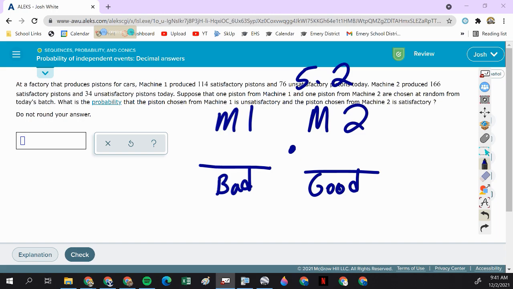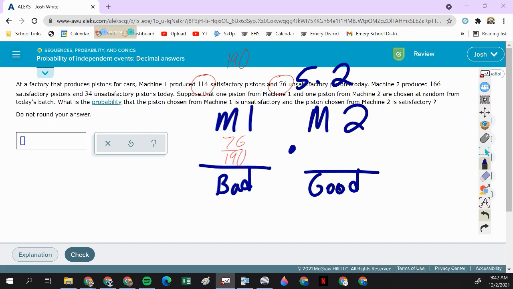Well, what percentage of the ones are bad? It made 114 good ones and 76 bad ones. So 114 plus 76 is 190. So what's the chance you reach into the box and you pull out a bad piston? 76 out of 190.